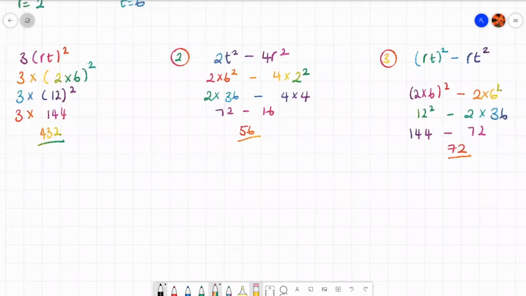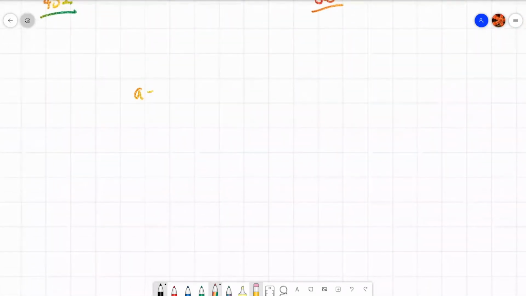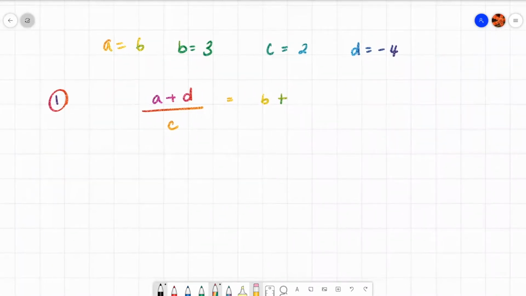You might have a question like this as well. Let's say A is 6, B is 3, C is 2, and D is minus 4. A plus D, all over C. So A is 6, plus D is minus 4, all over 2.